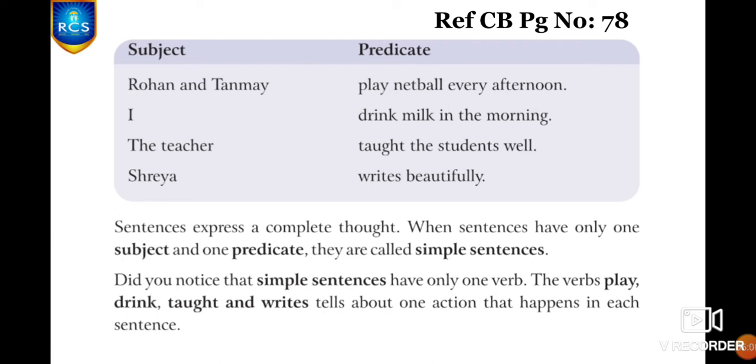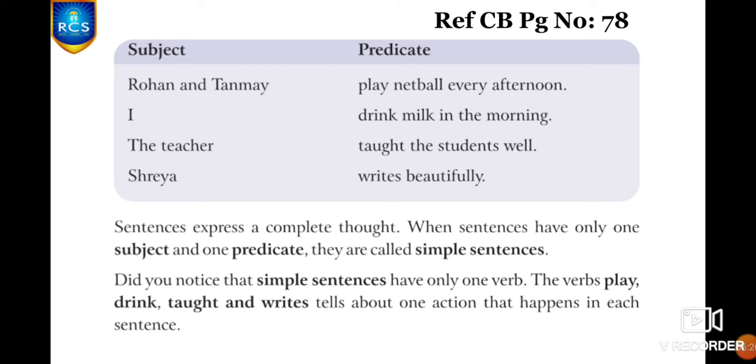Sentences express a complete thought. When sentences have only one subject, one predicate and only one verb, they are called simple sentences. If you notice, you can find that all the simple sentences have only one verb, and it tells about one action that happens in each sentence.